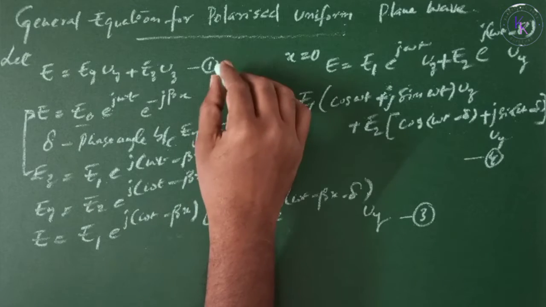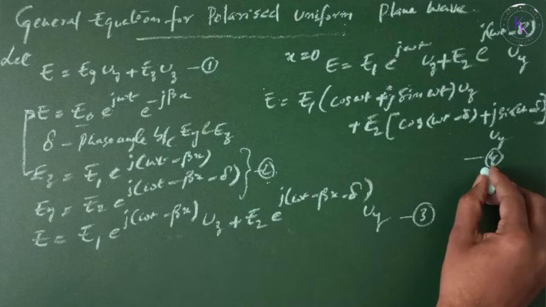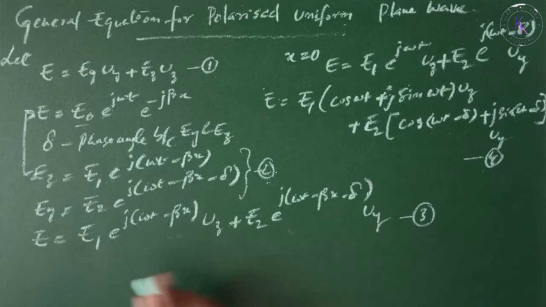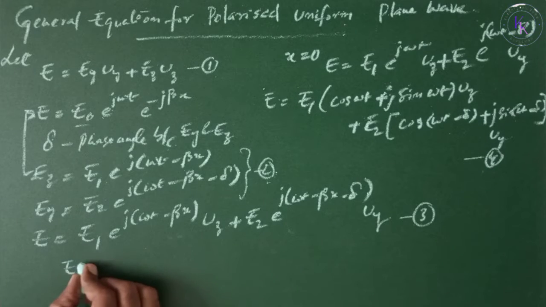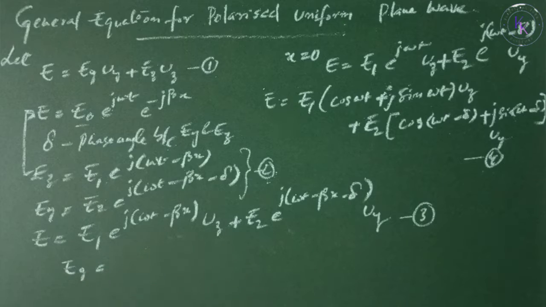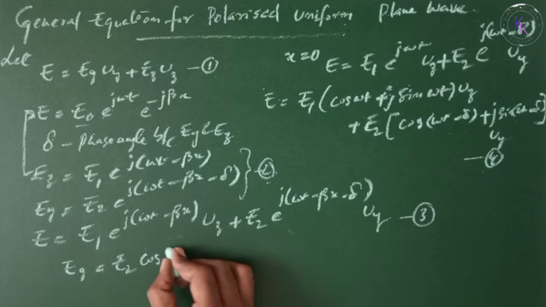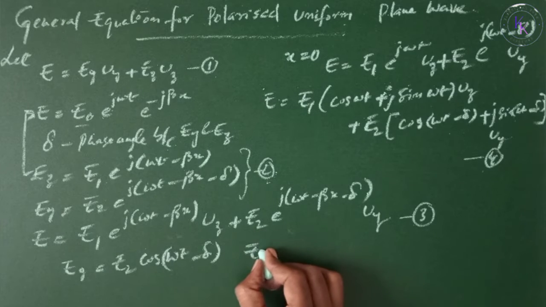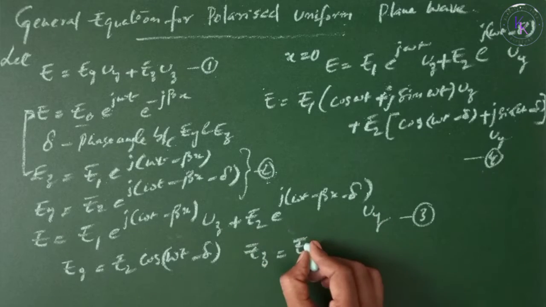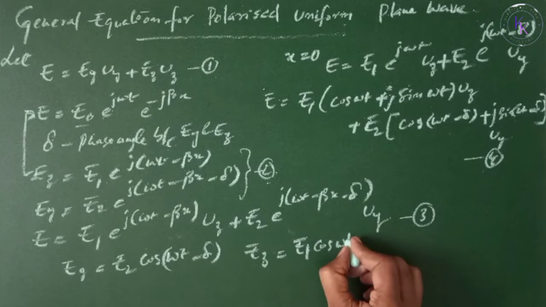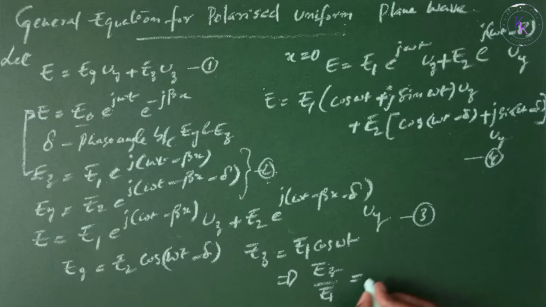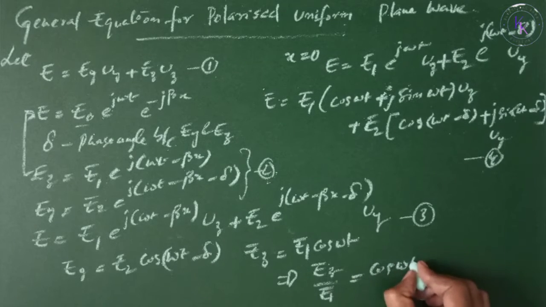Now, comparing equation number 1 and number 4 and taking the real components only, you are going to get Ey equals E2 cos(omega t minus delta), and Ez equals E1 cos omega t. From this, you can write Ez by E1 equals cos omega t.